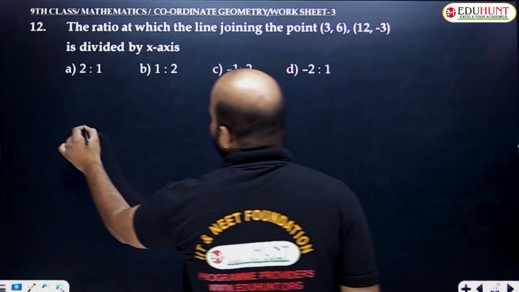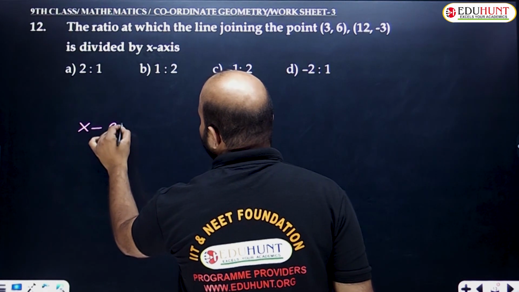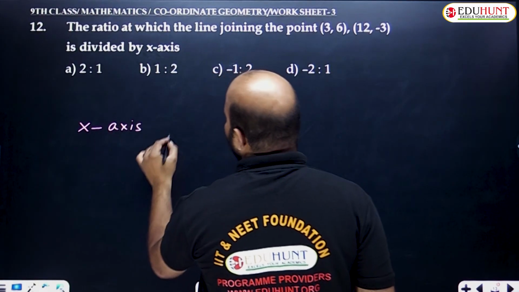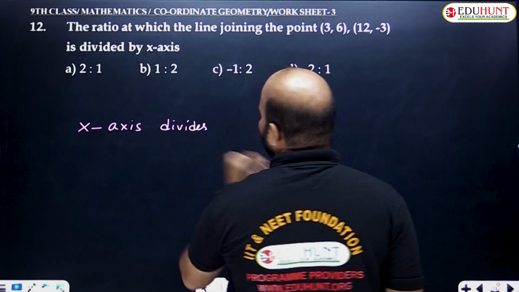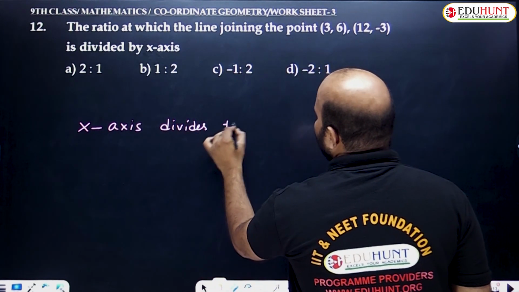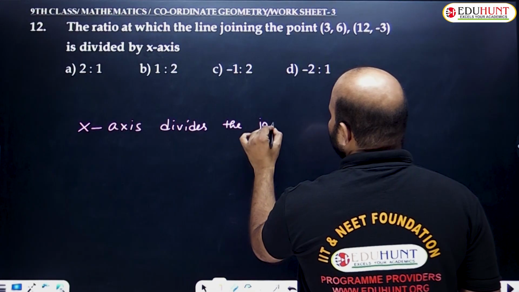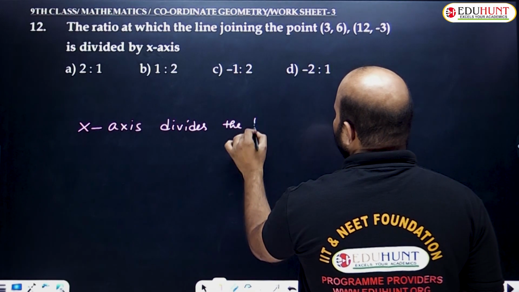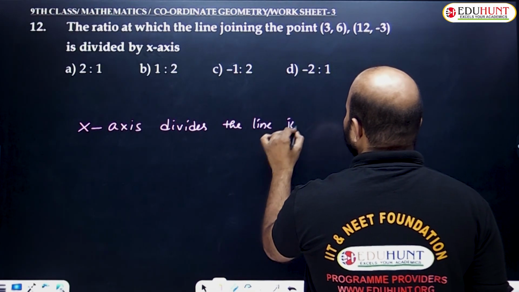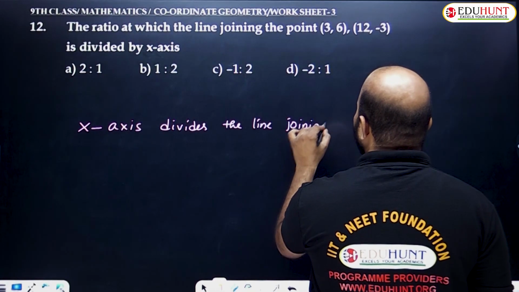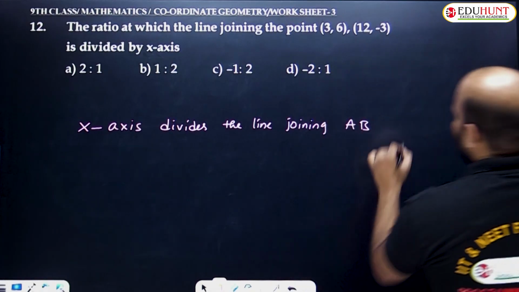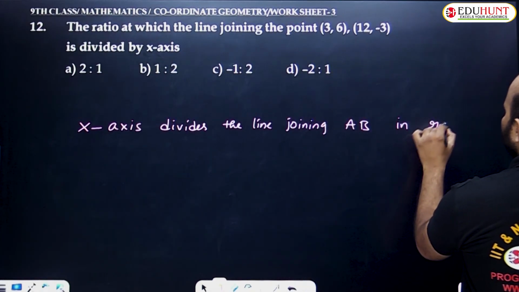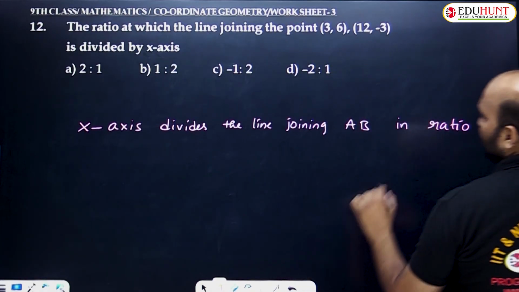Here, the x-axis divides the line joining points A and B, in what ratio?